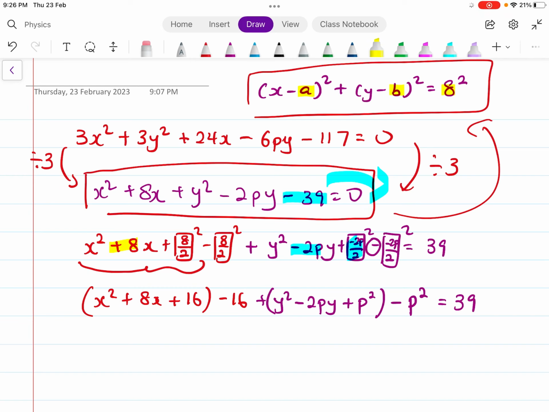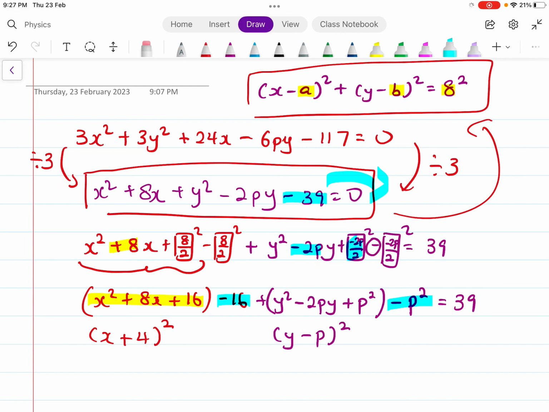After that, you do your factorization. You get (x plus 4) squared, then (y minus p) squared. This is the quadratic factorization. Now we have minus 16 and minus p squared.